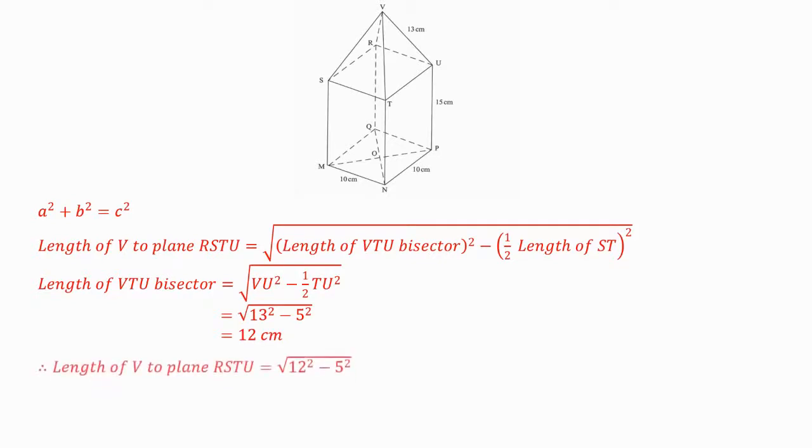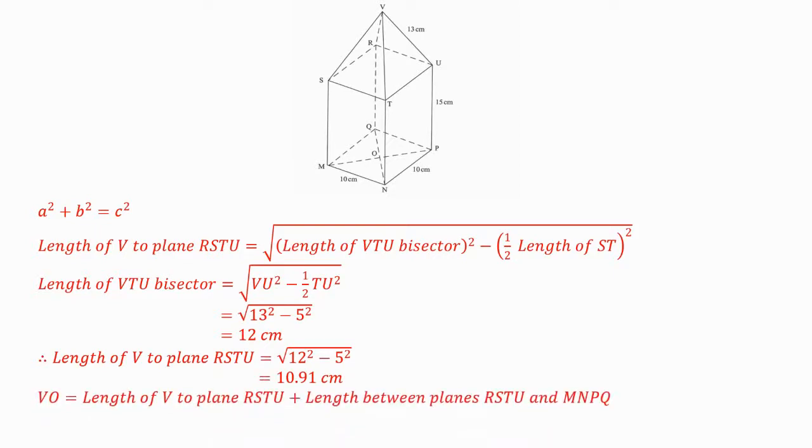Then the length of V to the plane RSTU will be, so we substitute, since we have already computed the length of the VTU bisector, which we obtained as 12 centimeters, minus 5 squared. And this is equal to 10.91 centimeters. So the length from V to plane RSTU is equal to 10.91 centimeters.